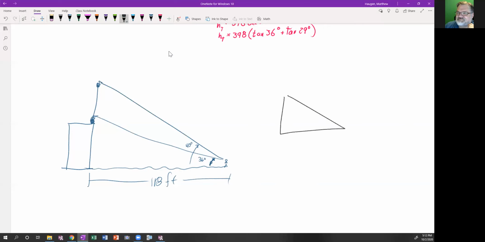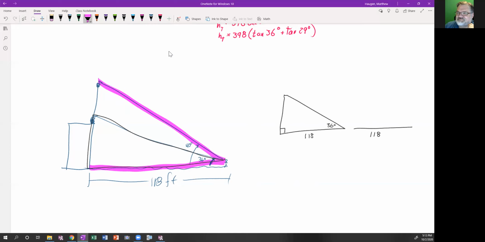We have one triangle that is 36 degrees and 118 along its base. That's this triangle. And we have another triangle that's that same 118, again along the bottom here, but then up along that elevation eye line to the top, and then down the rod and the building.